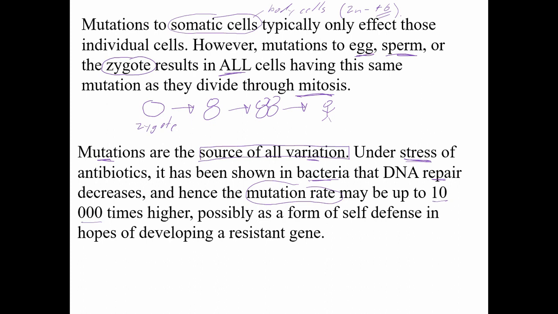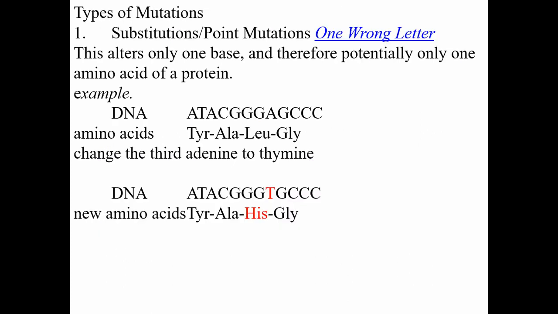So this doesn't result in mutations specific for the antibiotic that they are exposed to. However, because there are more mutations, it increases the likelihood that at least some of those bacteria will develop a resistant gene, and that is what actually leads to antibiotic resistance.